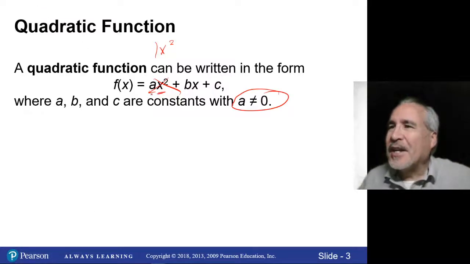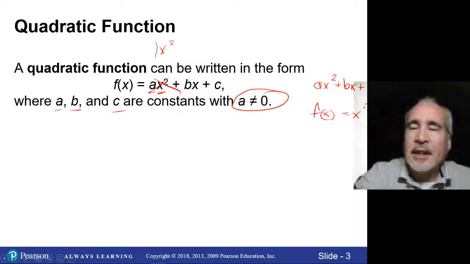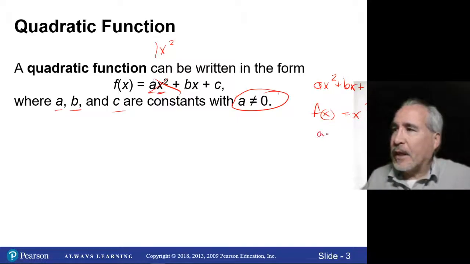But quadratics: ax squared plus bx plus c. Okay, so a, b, and c are constants. Now b and c could be 0. You could just have a function f of x equals x squared. That's possible. And in this case, a equals 1, b equals 0, c equals 0.